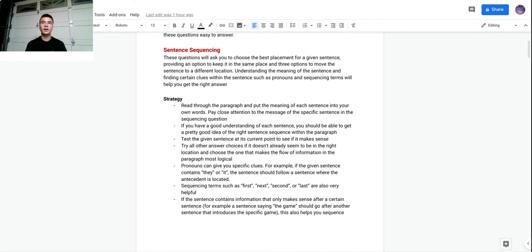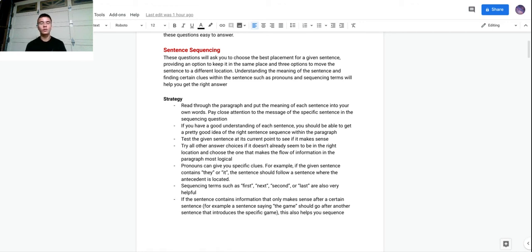What this means is, if you have the main ideas of all the sentences in a row, and the sentence that the question is asking you to sequence contains information that doesn't belong where it is, but would fit somewhere else in the general flow of information, then that's where it should be moved.